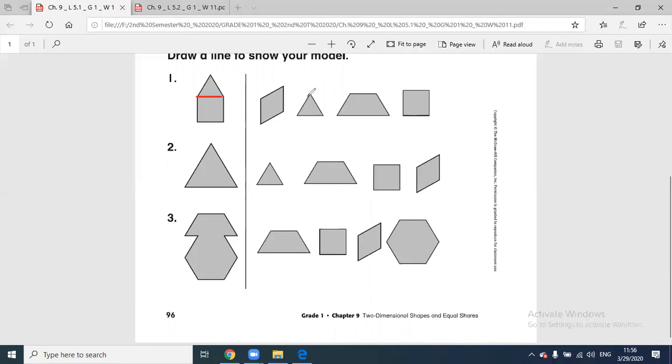Yes, triangle and square. And number two, I can draw a line inside this large triangle, or big triangle, to have two shapes. This is called triangle, and the second one, down one, is called trapezoid.